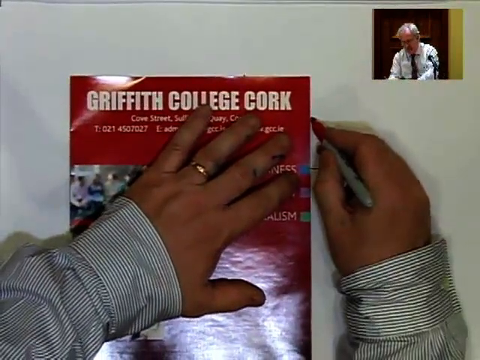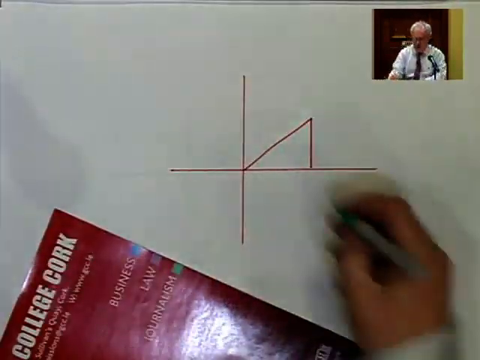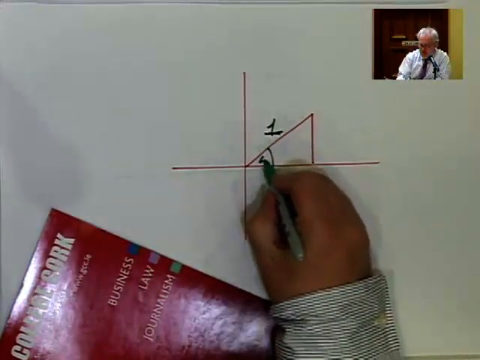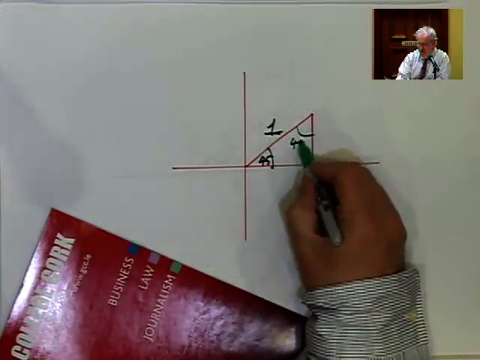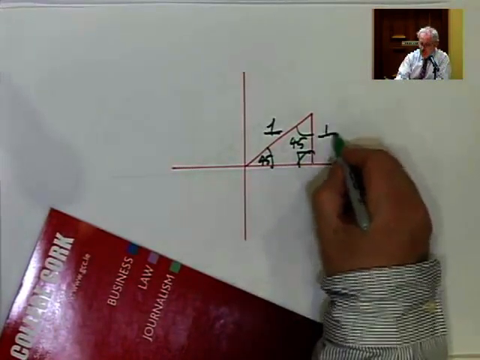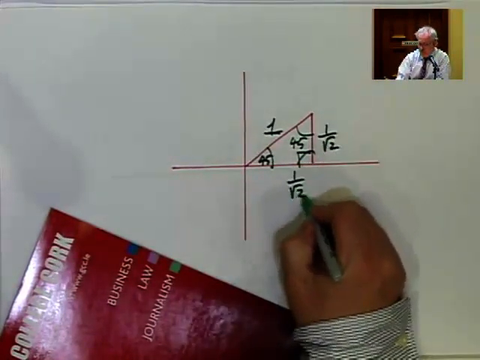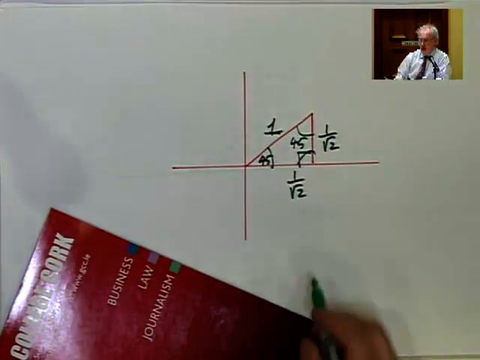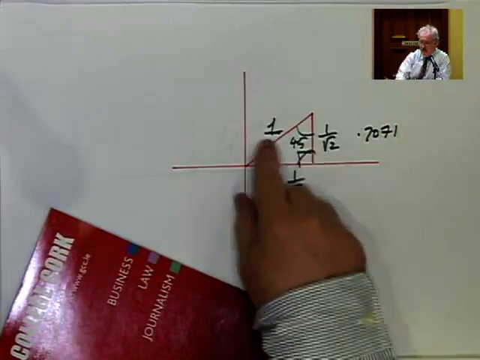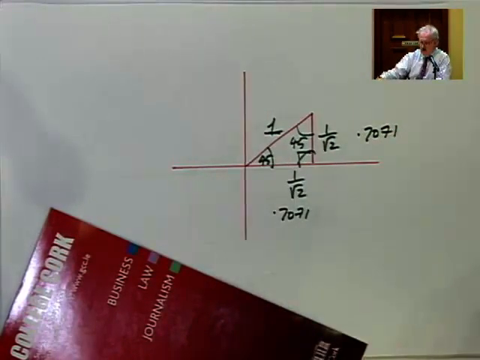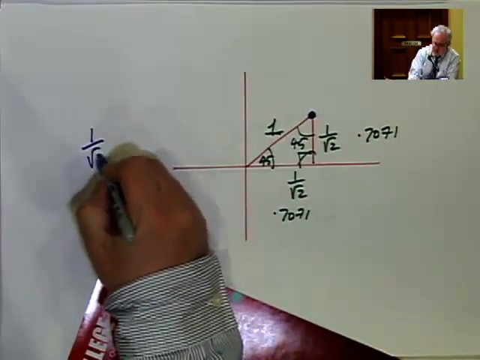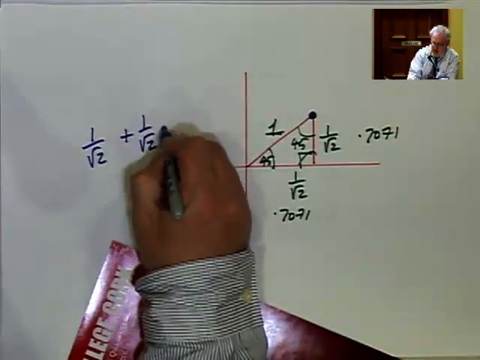But what I'm going to do now is call this length here 1. And because this is 45, and this is 45, and this is 90, I can work out the lengths. This is actually 1 over root 2, and this is 1 over root 2. Or 0.7071. It's the sine or the cosine of that. But effectively this point here is 1 over root 2 plus 1 over root 2 times i.